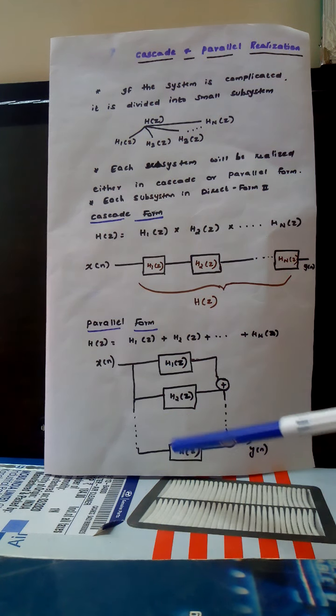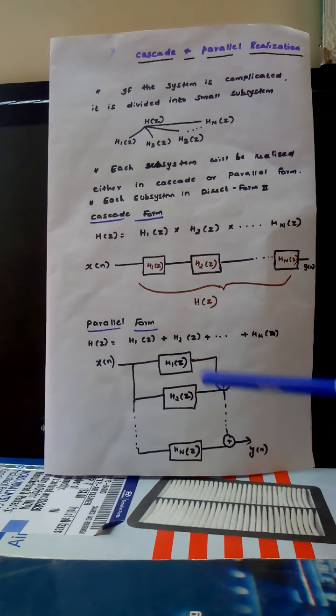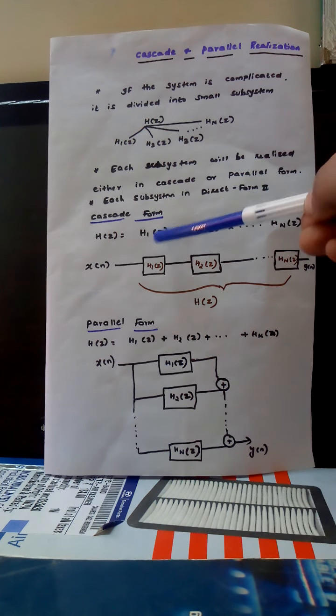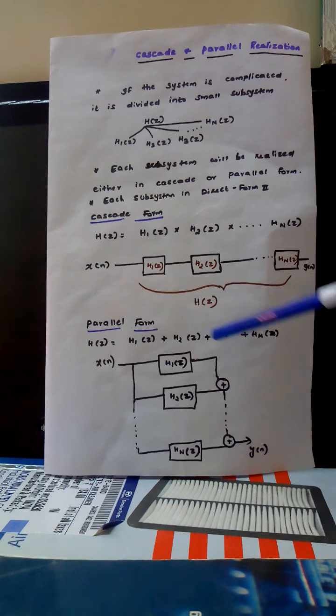So here we can see the x of n is excited by only one input, and the individual subsystem outputs are added to form the complete big system. Here also each subsystem will be realized either in direct form 1 or direct form 2, but we are doing it with direct form 2 only. So this is the difference: in cascade form we make the product, in parallel form we add all the subsystems here.